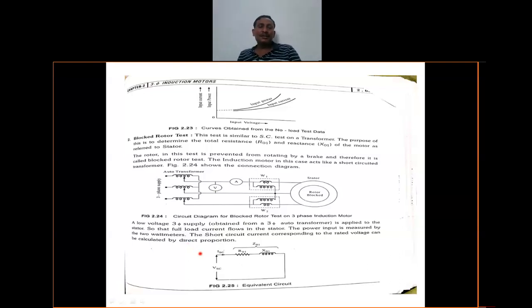In the no load test, apply rated voltage and note down readings. Do not apply any load. Find R naught, X naught, I naught, I mu, IW. That is the no load test. In the block rotor test, the rotor is blocked, that means not allowed to rotate, with the help of a belt and pulley arrangement.